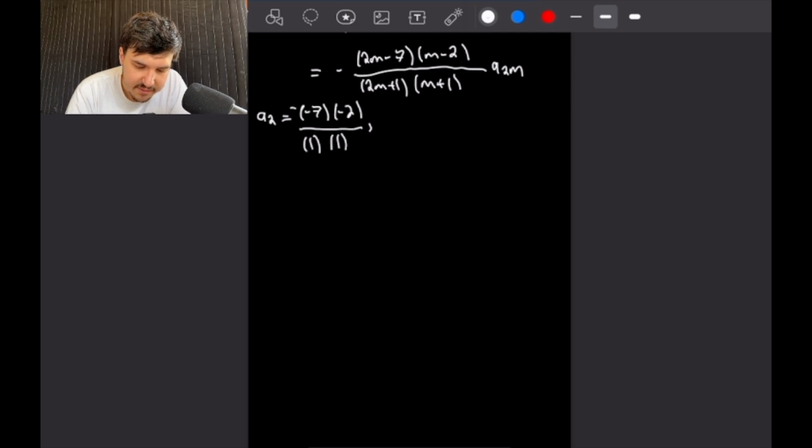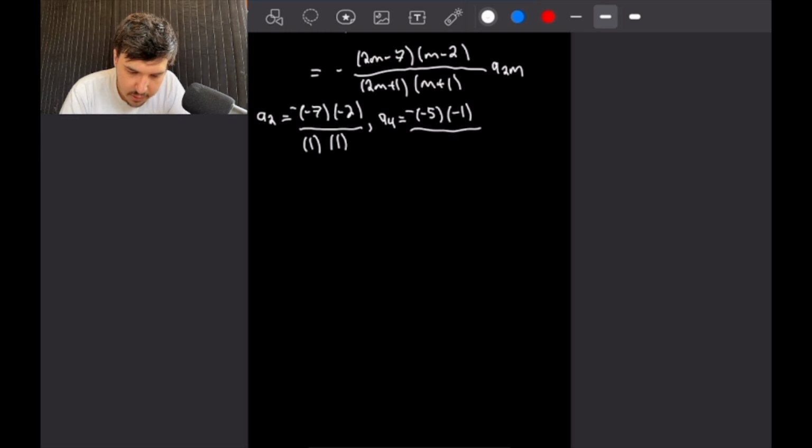Great. So next, let's calculate our a sub 4. When we have a sub 4, our m is equal to 1, so let's go ahead and plug that in here. So we'll have a 2 times 1 minus 7, which is just equal to a negative 5. And then we'll have for our second term a 1 minus 2, which is just equal to a negative 1 here. And once again, we'll have a leading negative there.